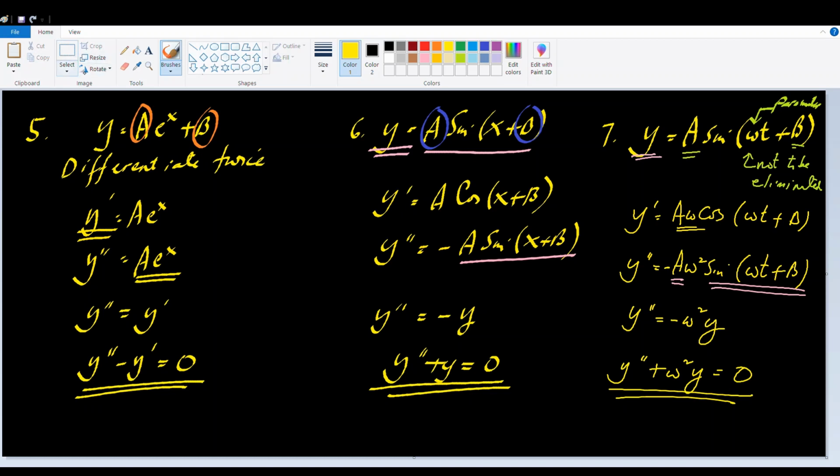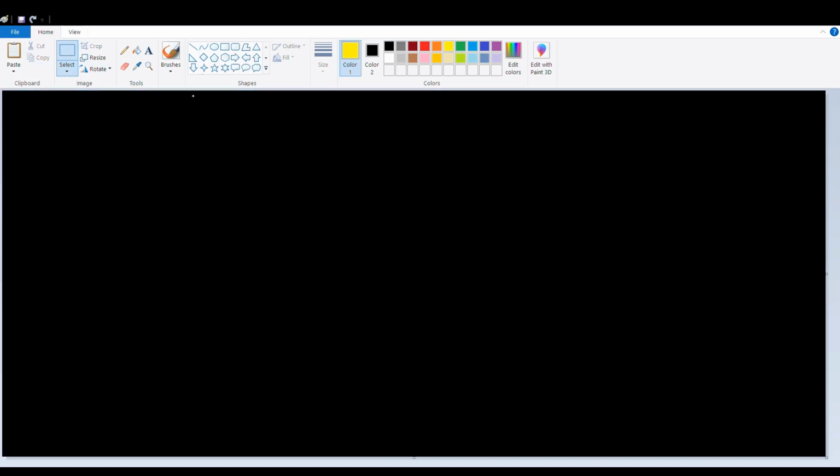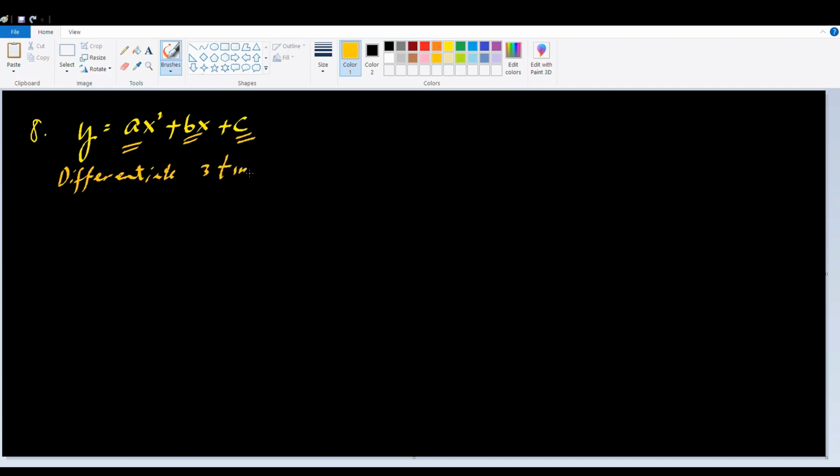So y double prime plus omega squared y is equal to 0. Next, y is equal to ax squared plus bx plus c. There are three constants, so we differentiate 3 times. y prime is 2ax plus b plus the derivative of c, 0.